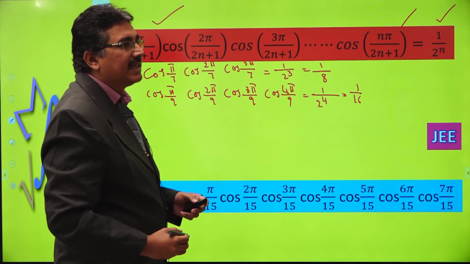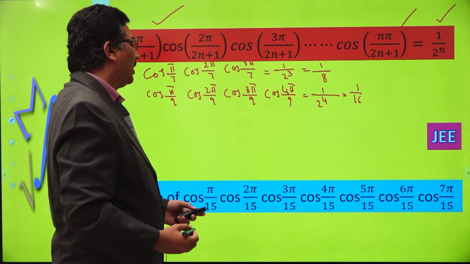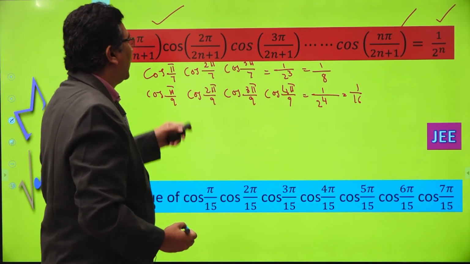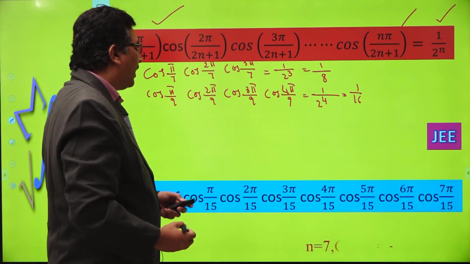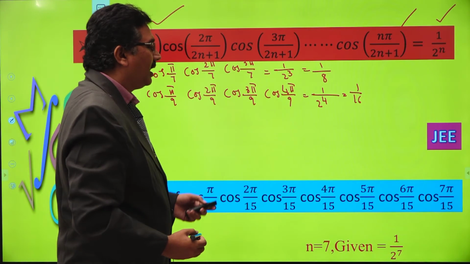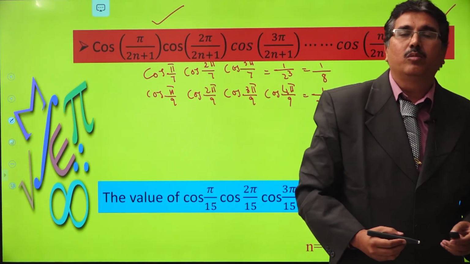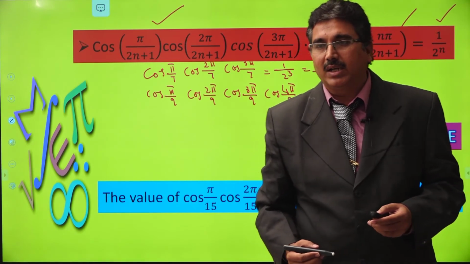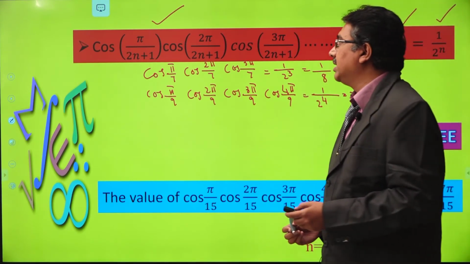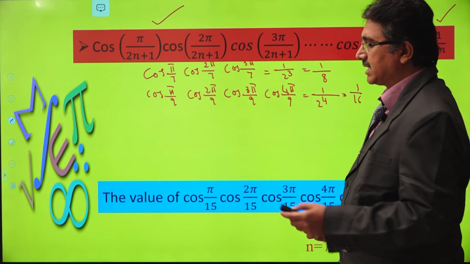Here n is equal to 7. By applying the above formula, the given expression is equal to 1 by 2 power n, that is equal to 1 by 2 power 7, right.